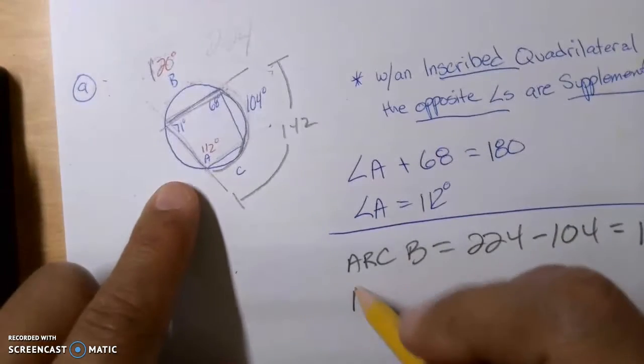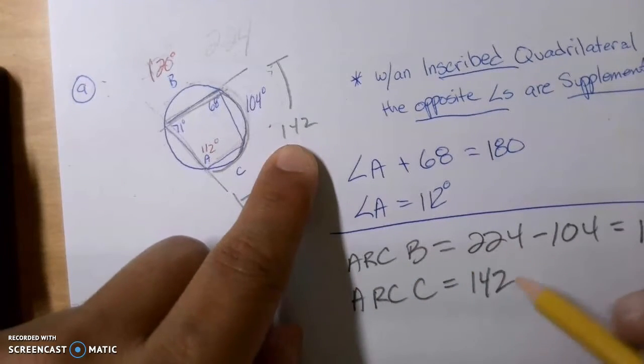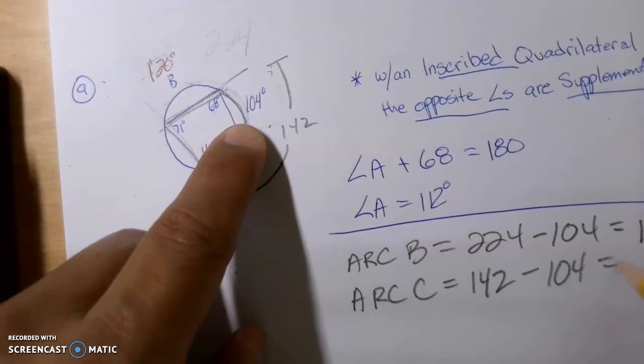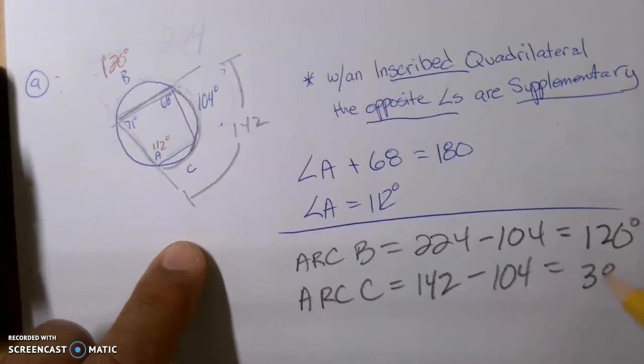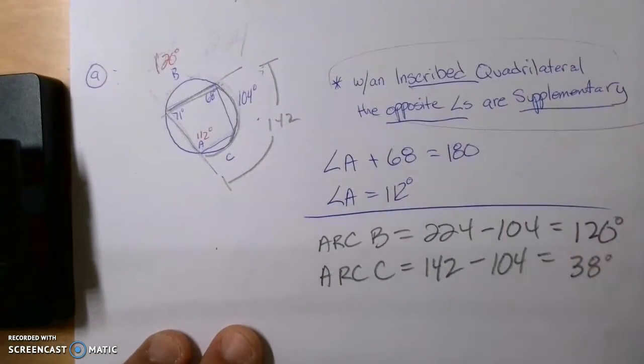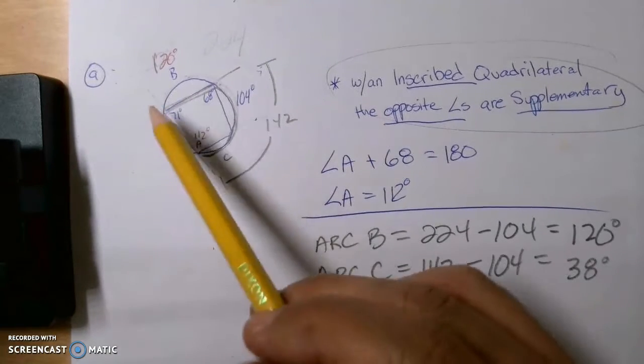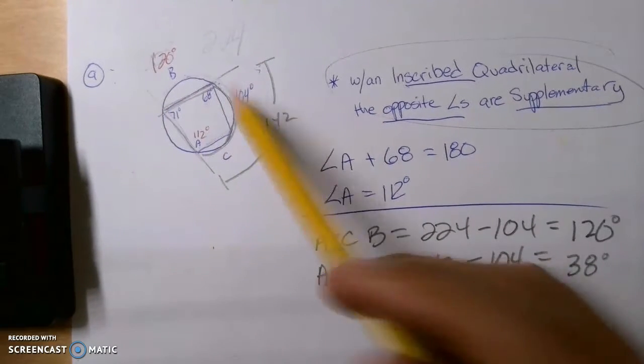And so arc C would be 142 minus the 104, and that would make it 38 degrees. Okay, so first you start with this idea of a quadrilateral. Opposite angles add up to 180, and then you figure out the bigger arcs, subtract out the 104.